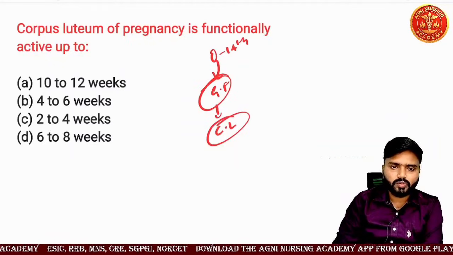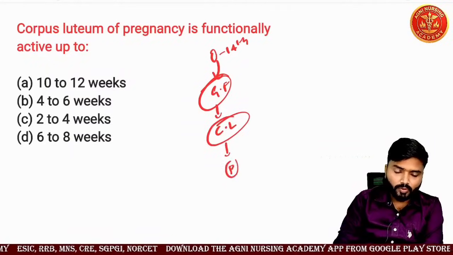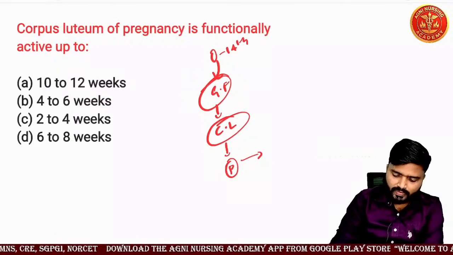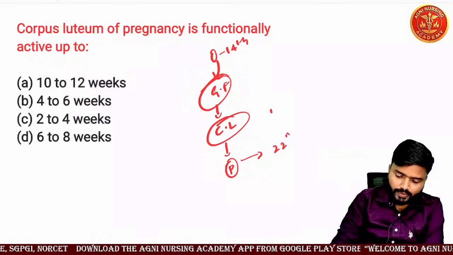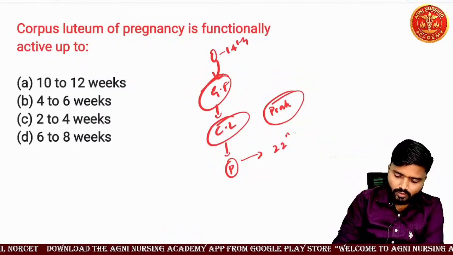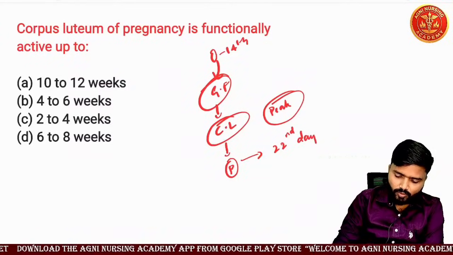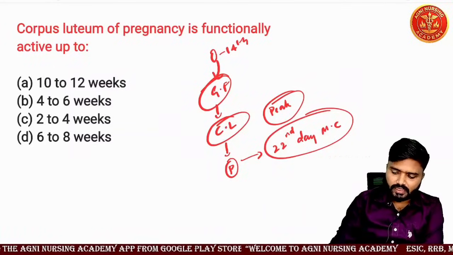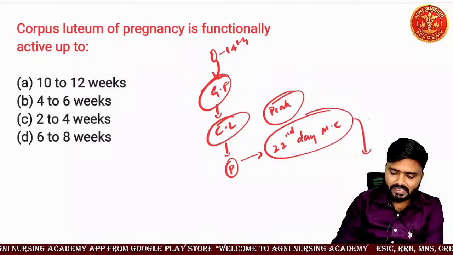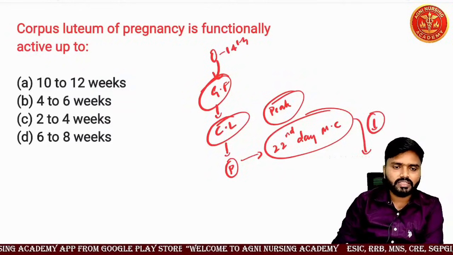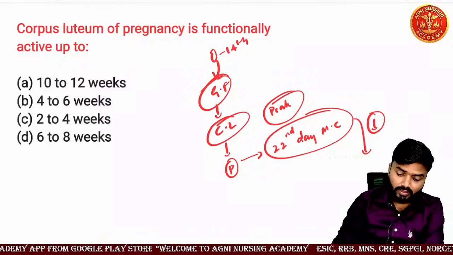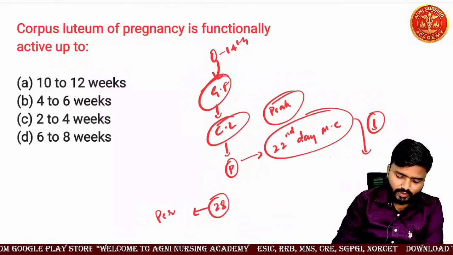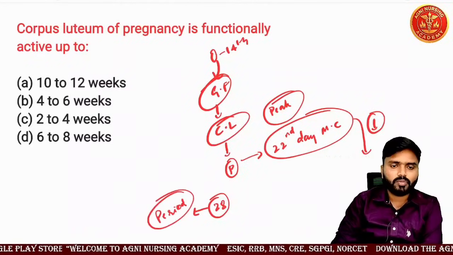This corpus luteum will start producing progesterone, which will be most active at its peak on the 22nd day of the menstrual cycle. After the 22nd day, it will start to deplete, meaning the corpus luteum's activity decreases. It will shed on day 28, and that is called the period. Understood?